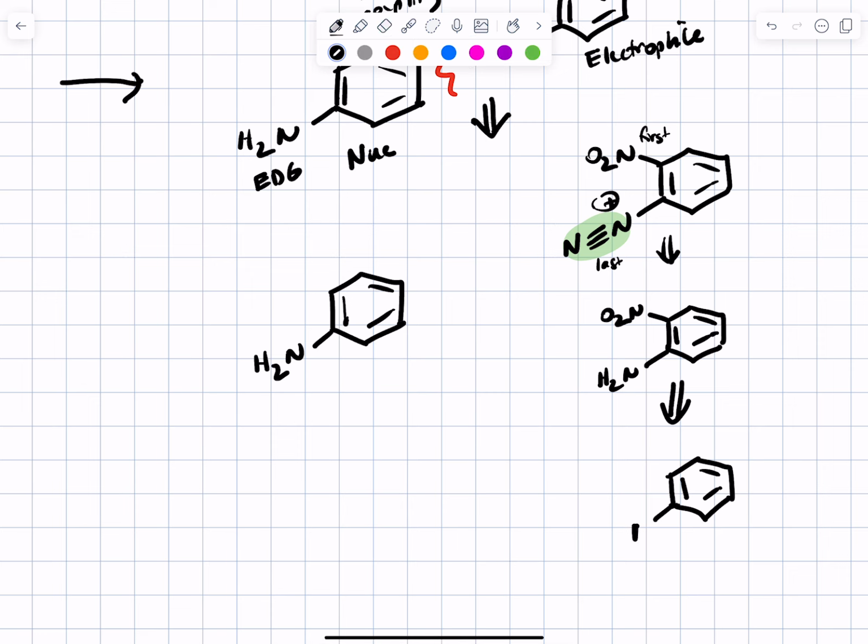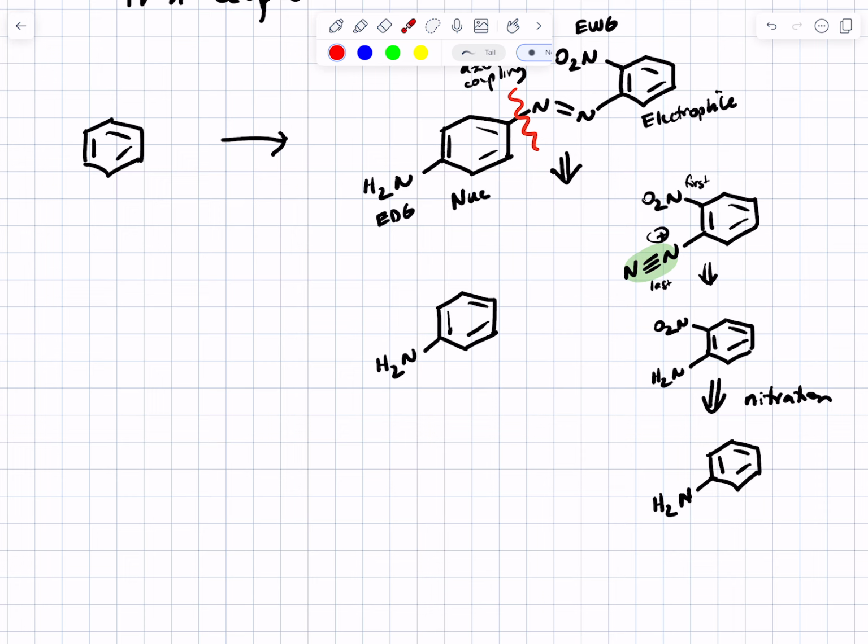Probably I want to install the nitro group at this stage. So I will have already had the aniline in place, and then I can make that in exactly the same way as I made the other side. Okay, that's going to take some practice, but I think you're already well prepared for it. I think you've already got it based on what we've talked about, and it should involve just a few more practice problems.